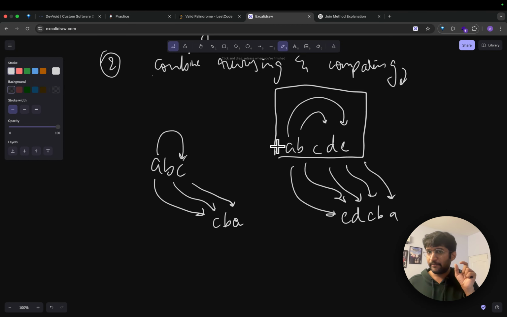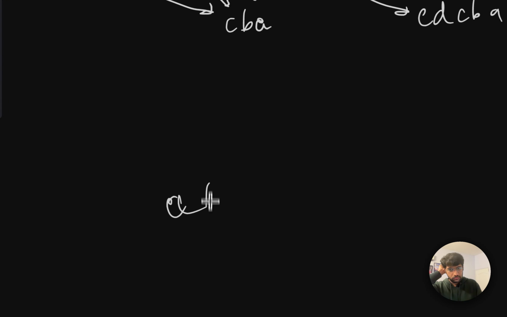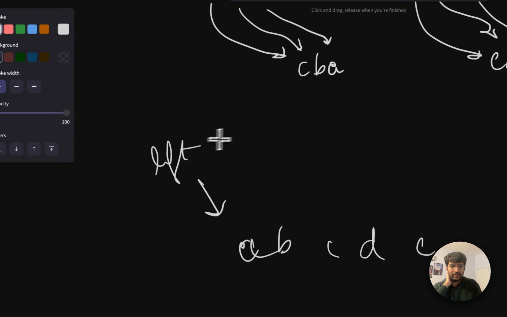We're going to use the fact that we can compare the ends, A with E, and keep moving one step at a time until we reach the middle. That's the logic we're going to use. What are you going to do? Start at the ends of a string. The left side and the right side.